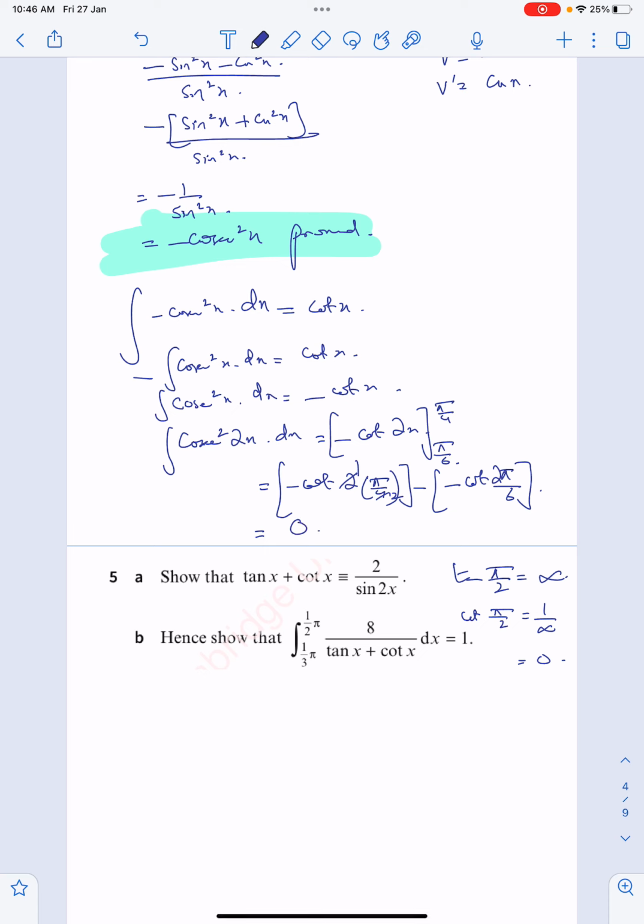Minus, or you can write plus, cot of pi by 3. We know tan of pi by 3 is root 3. So cot of pi by 3 is going to be 1 upon root 3, plus 1 upon root 3.